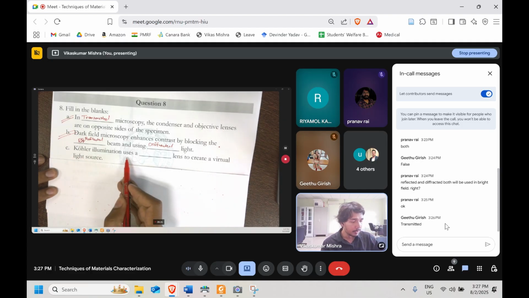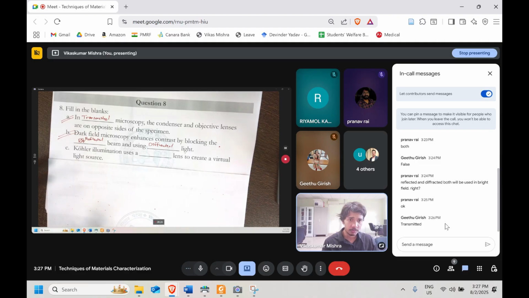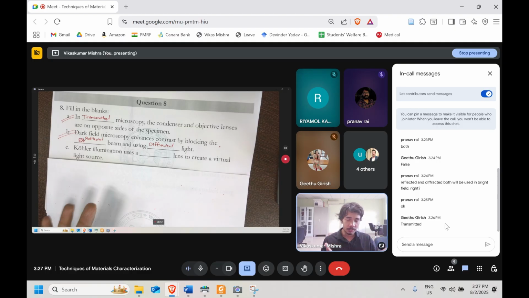The Euler illumination used a dash lens to create a virtual light source. This is something we learned in the last class. We know that this type of Euler illumination is not there in a normal optical microscope. For example, I showed you one optical microscope last time, and there the Euler illumination was not present. The component which makes this Euler illumination is the converter lens.